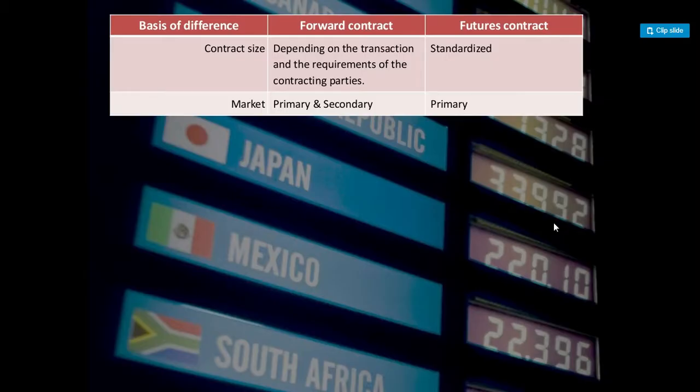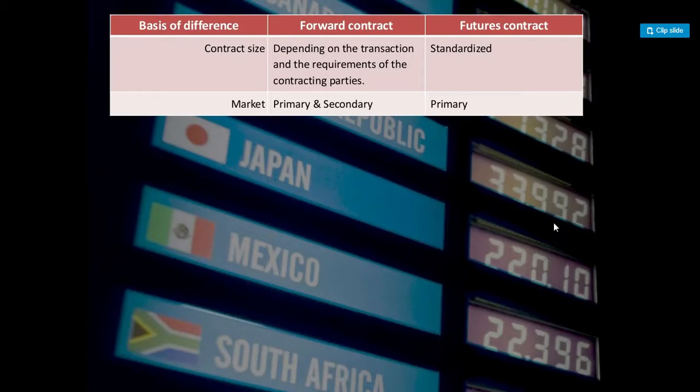One more point I can tell you is about trading. Forwards are not traded on exchanges, they are traded over the counter, whereas futures are traded on exchange traded derivatives only. Whereas liquidity in a forward contract is very poor, because contracts are tailor made, only buyer and seller will be there, so exchange of money will be very little, only on the maturity date does that transaction take place.